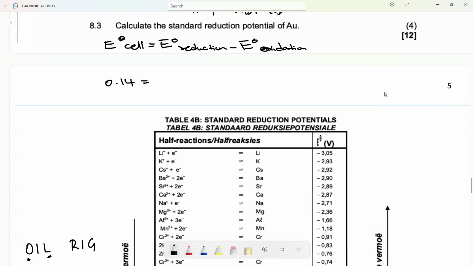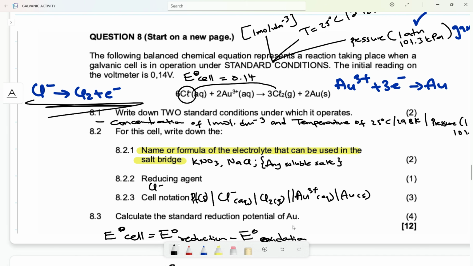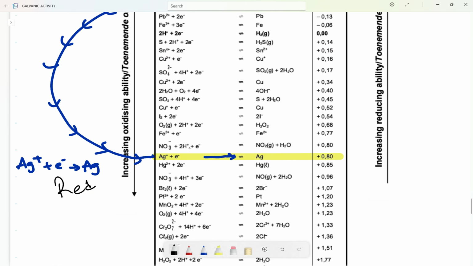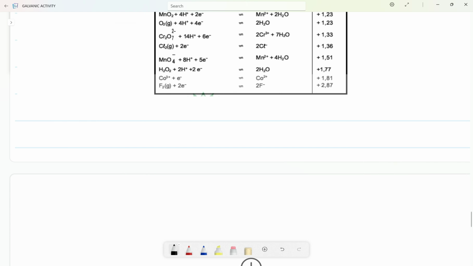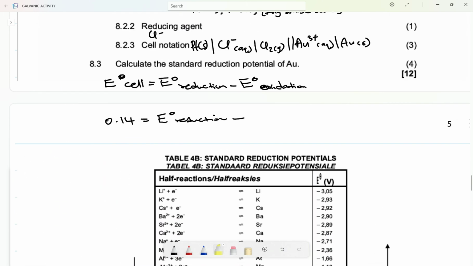It is the Au3 plus, so we do not know. So I'm going to say E naught of reduction minus E naught of oxidation. Oxidation is this one, where is the Cl minus? We are using this one, so it is 1.36.